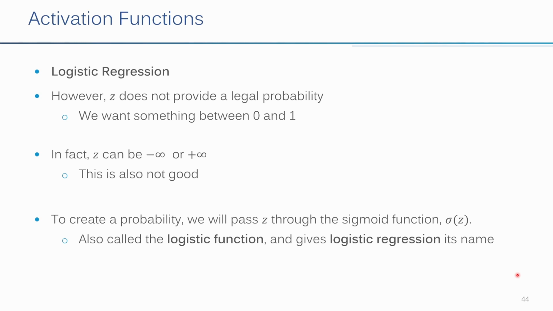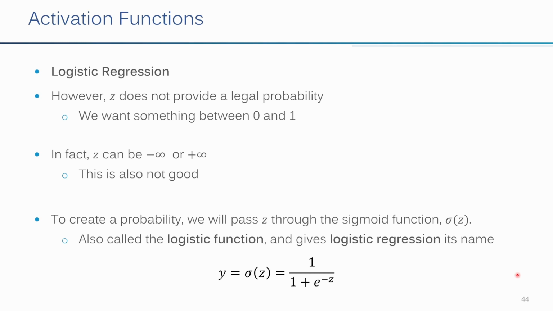So the closer you are to infinity, the closer you are to 1, and the closer you are to minus infinity, the closer you are to 0. To create this probability from really large and really low values, we simply pass z through a sigmoid function, also called a logistic function, which is what gives logistic regression its name.